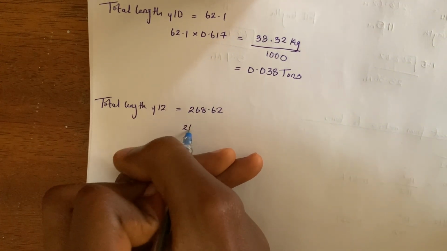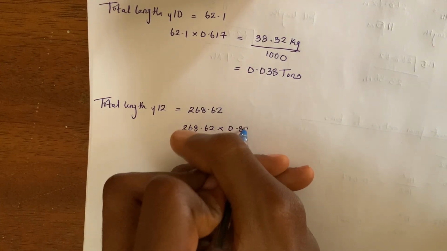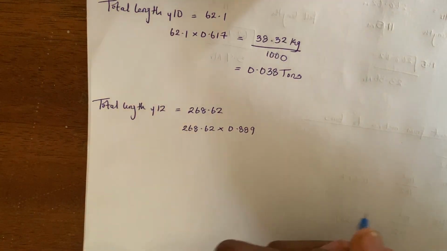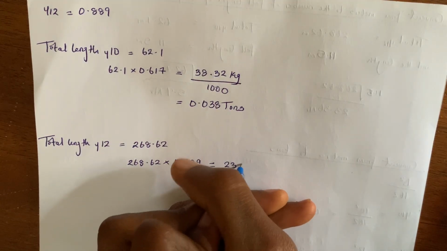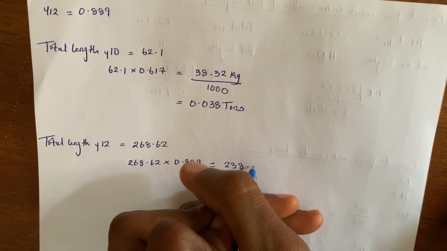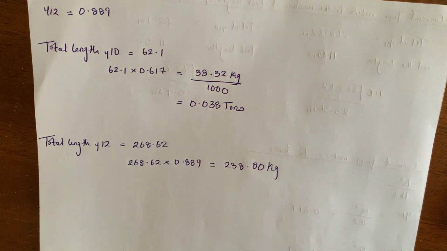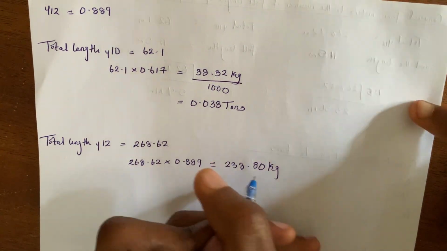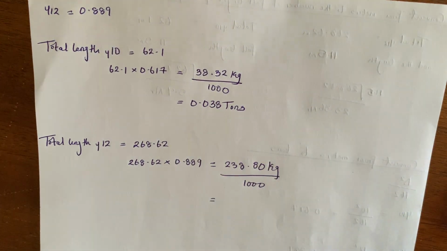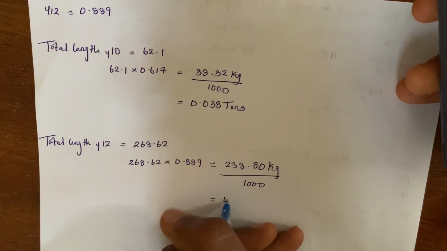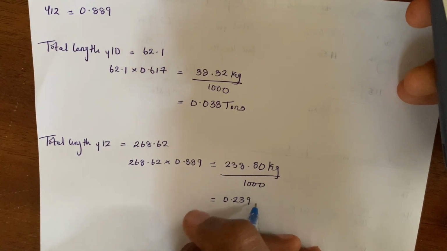So 268.62 multiplied by 0.889 will be equal to 238.80 kilograms. So now we convert it to tons by dividing it by 1000, and that will give us 0.239 tons.